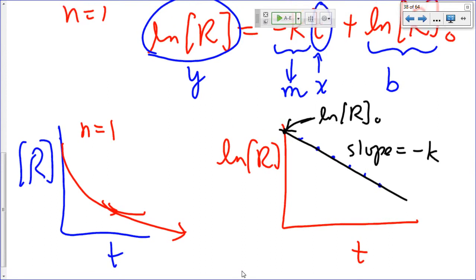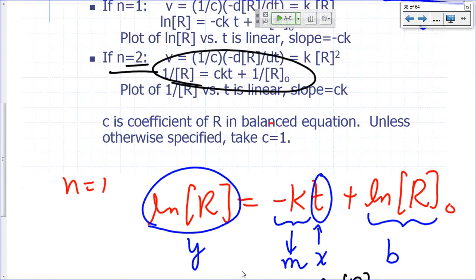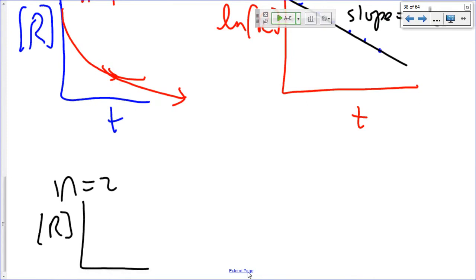How can you tell if it's second order? This last one right here. So n equals 2. Again, if you plot R versus time, you're going to get a curve.